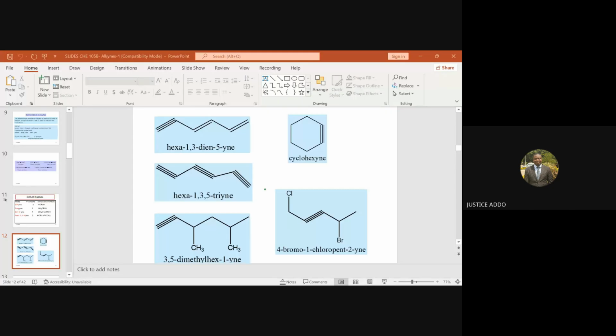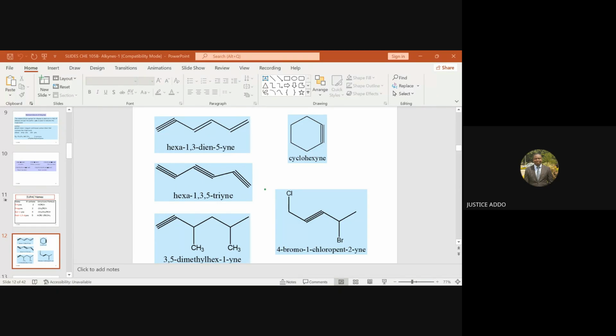Now, when we're dealing with alkynes, the rule says to number the chain so that you give the least number to the triple bond. So with the same concept, you would have wished that we number from the left so that the triple bond, because we are naming it as an alkyne, will be 1 instead of 5. Is that right?